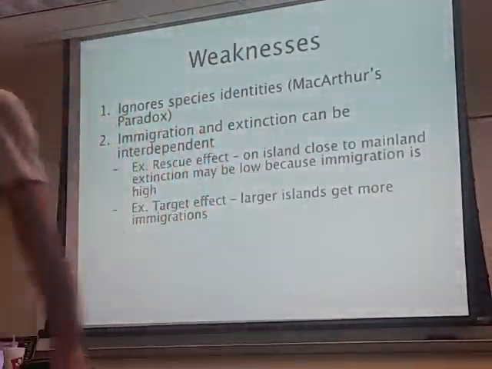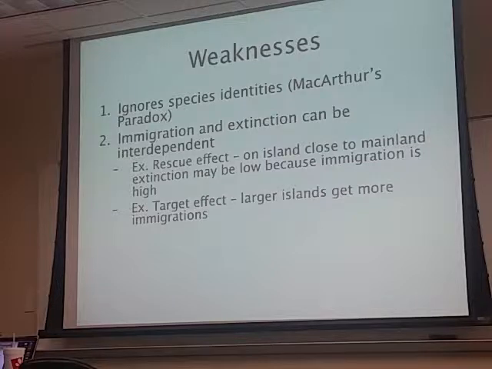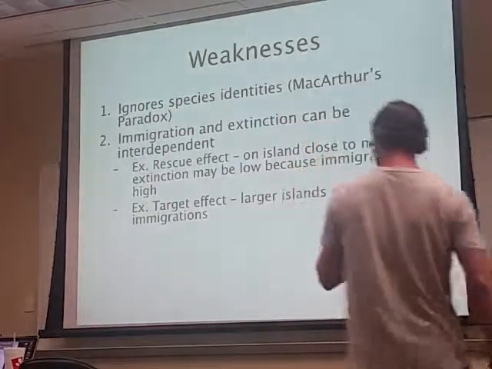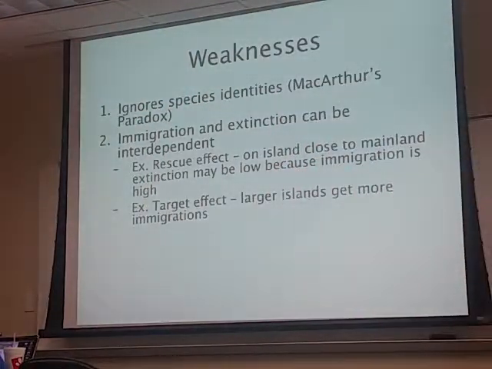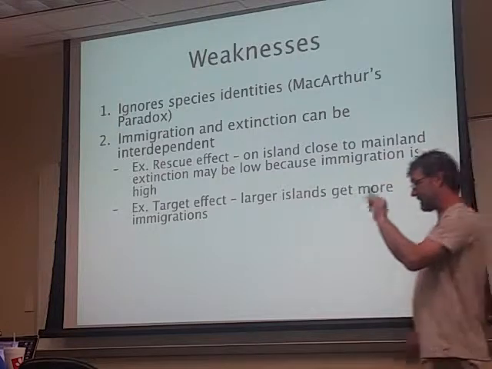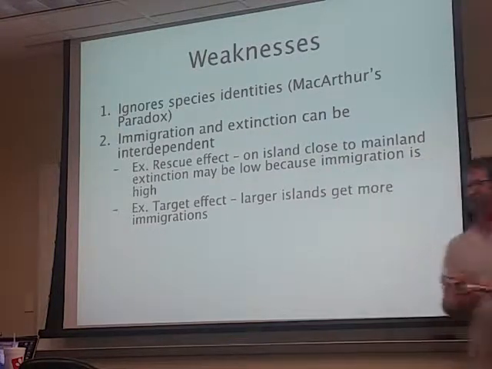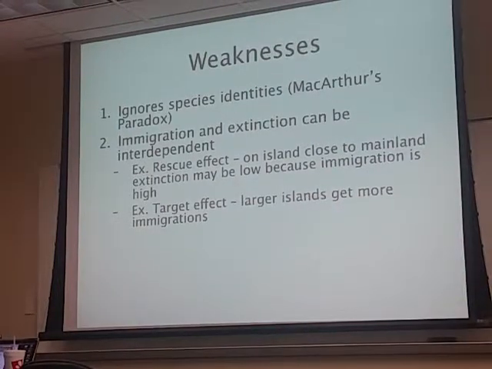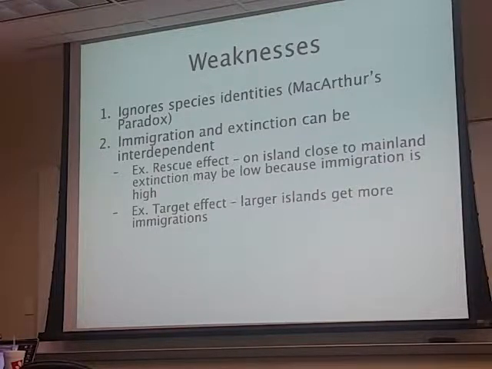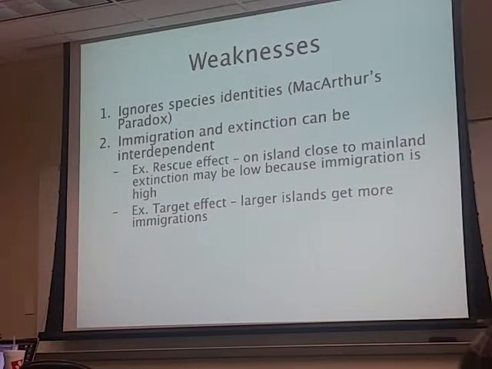I missed. I could probably throw it ten more times. You broke the marker. Dang. See, that's what happens. Extinction. The species, when they try to hit that small target, they can get broken. The species just broke trying to make it to that island. Okay? So small targets are hard to get to.